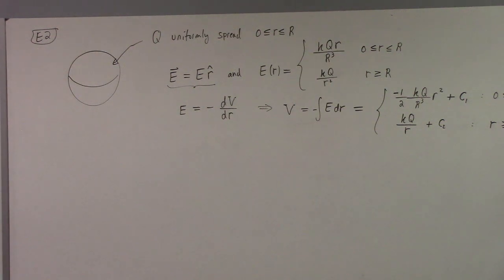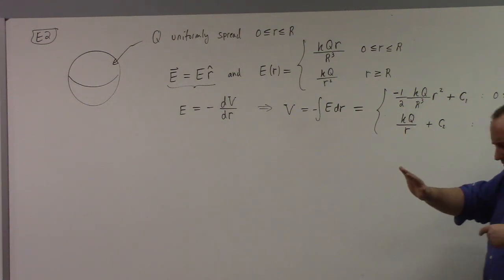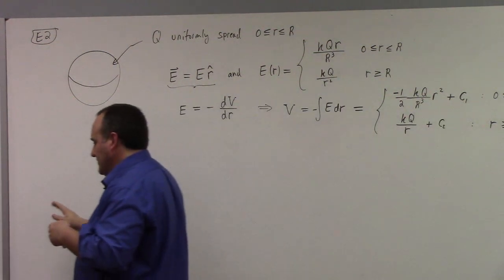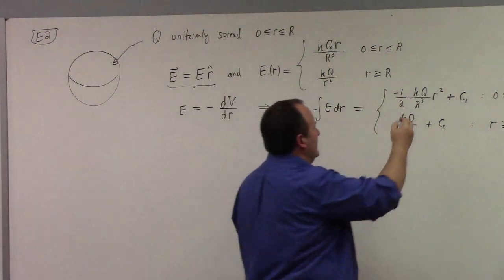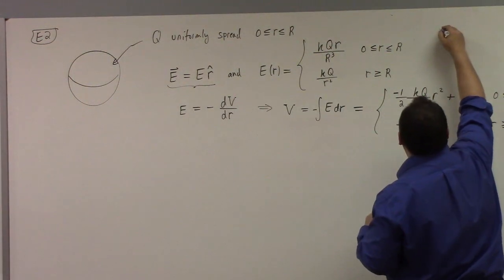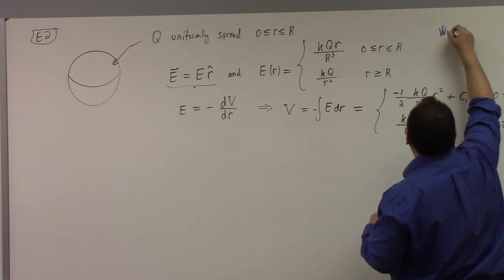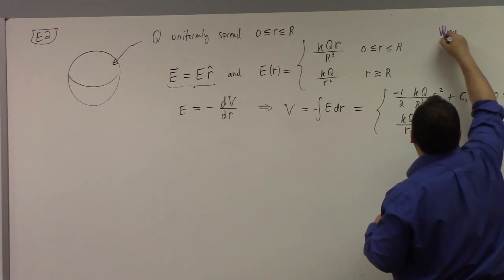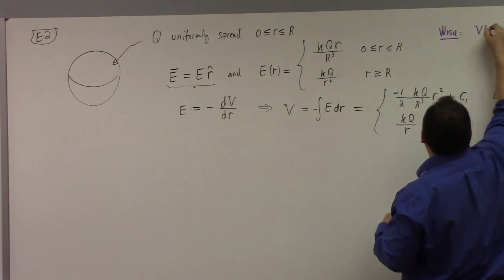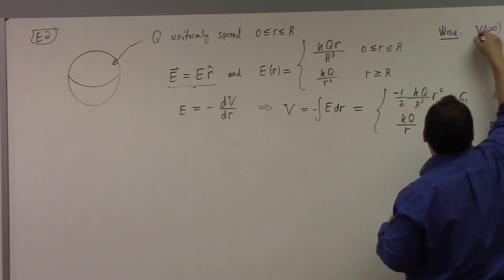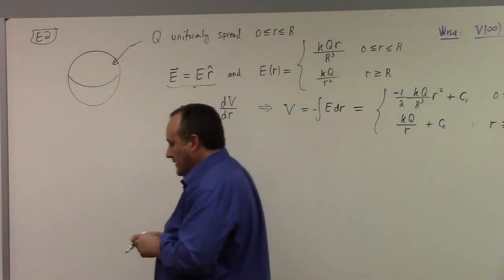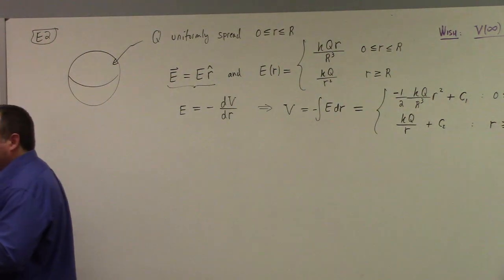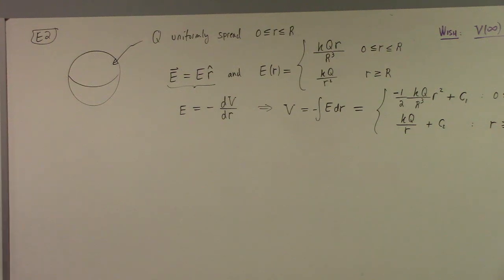Now, what did I say? For the sake of specificity, let's try to make the voltage at infinity be 0. What's our wish? V of infinity equal to 0, just because, why not? You could make the voltage at infinity be 10 if you wanted to.